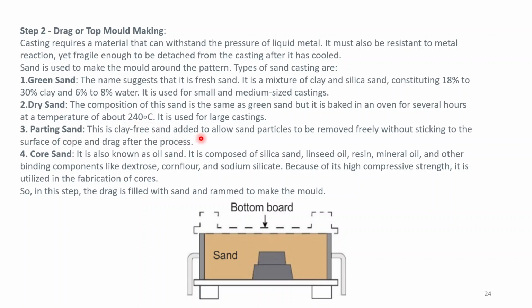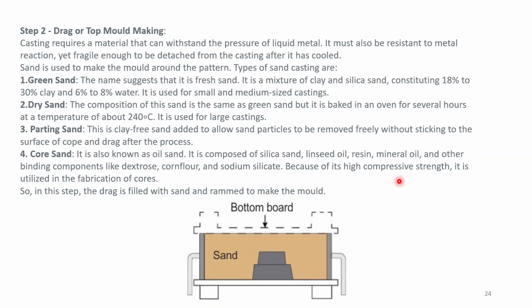It is clay free sand added to allow sand particles to be removed freely without sticking to the surface of the cope and drag after the process. Next you have core sand. It is also known as oil sand and it is composed of silica sand, linseed oil, resin, mineral oil and other binding components like dextrose, corn flour, sodium silicate. Because of its high compressive strength, it is utilized in the fabrication of cores.